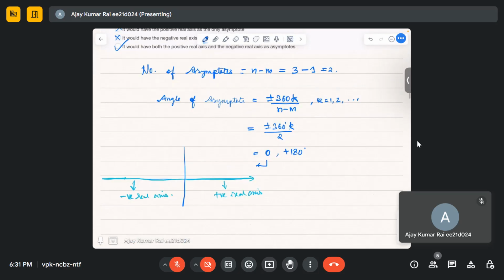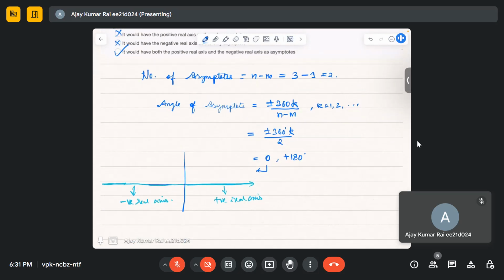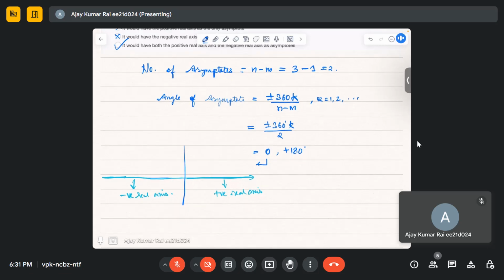So we'll have two asymptotes, one along the positive real axis and the other along the negative real axis. Once we plot the entire root locus, it will be more clear, and we'll see how the root locus goes along these asymptotes. This is imaginary and this is real. Any doubt in this question?